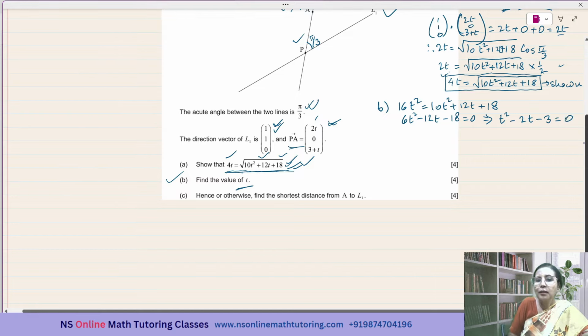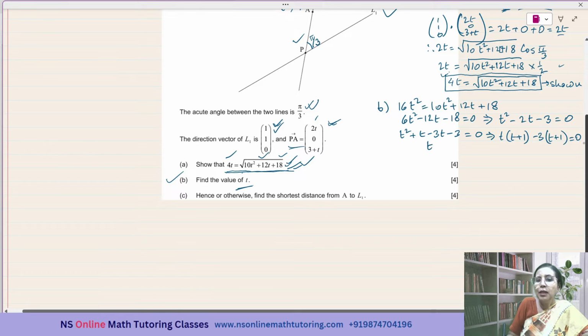Okay. And I have to factorize this. I'm using the middle term splitting method. So it is t square plus t minus 3t minus 3 is equal to 0. So t times (t plus 1) minus 3 times (t plus 1) equal to 0.